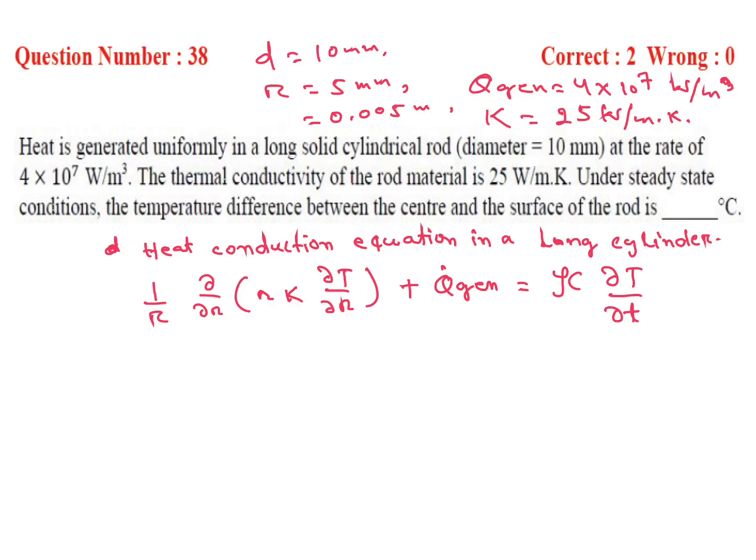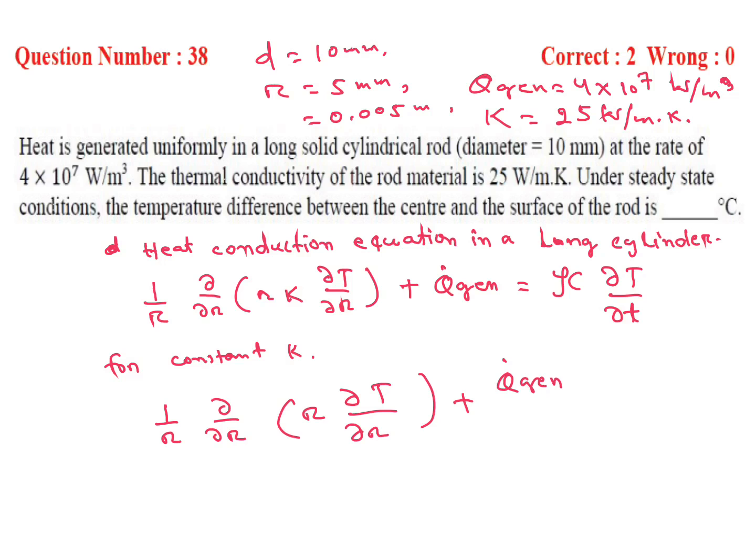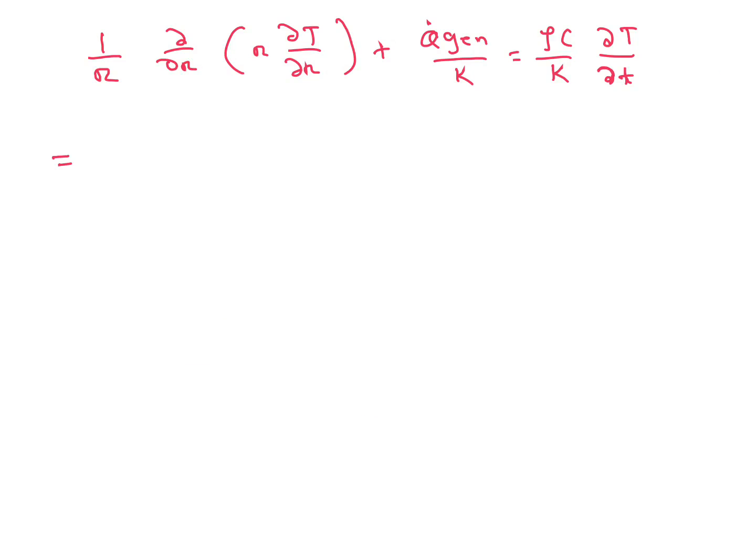For constant thermal conductivity K, you will get 1 by r d by dr of (r dT by dr) plus Q generation by K equal to rho C by K dT by dt. Here K by rho C is alpha, thermal diffusivity, so 1 by alpha dT by dt.